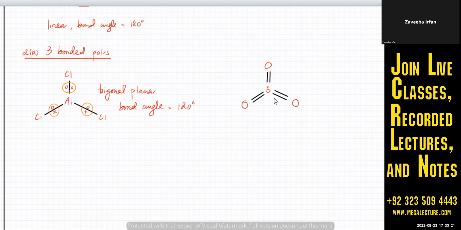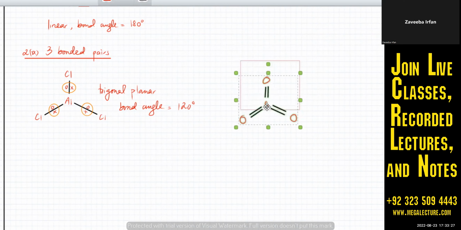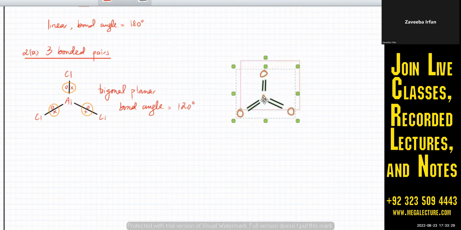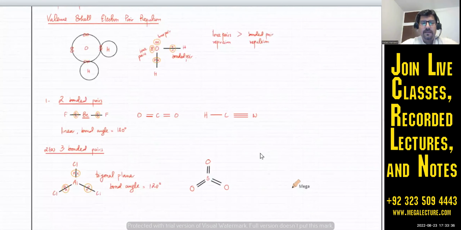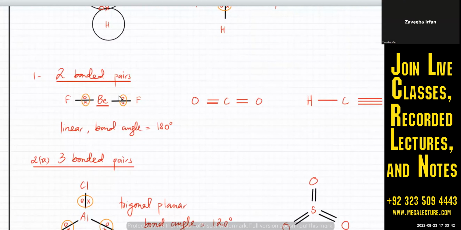How do I know the exact angle? They have the exact angle because of repulsion. Three bonded pairs have a 120 angle because of repulsion, and two groups have 180 degrees, because they'll try to be as far away as possible.